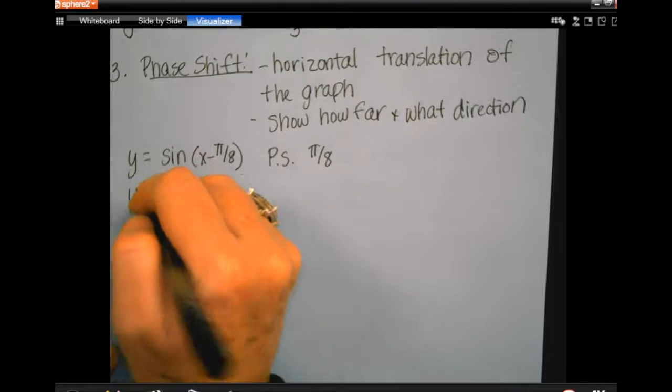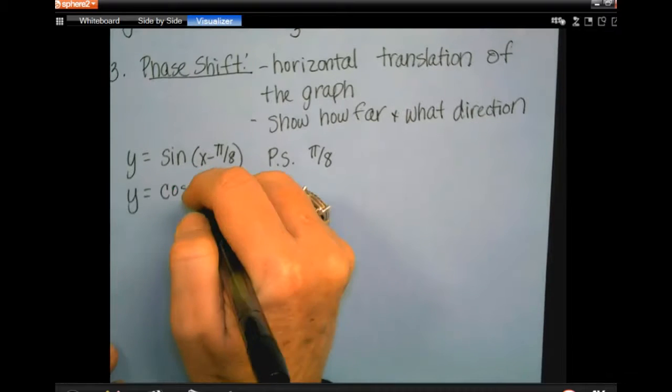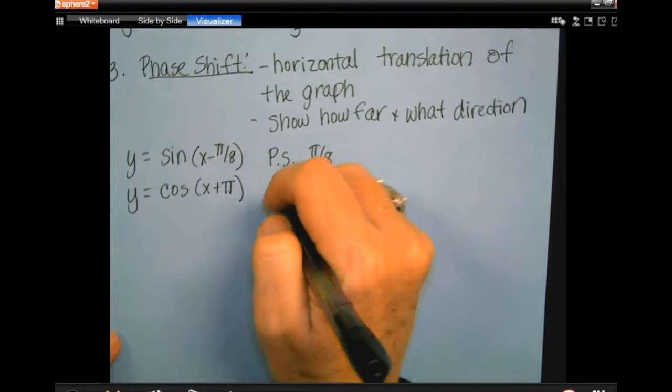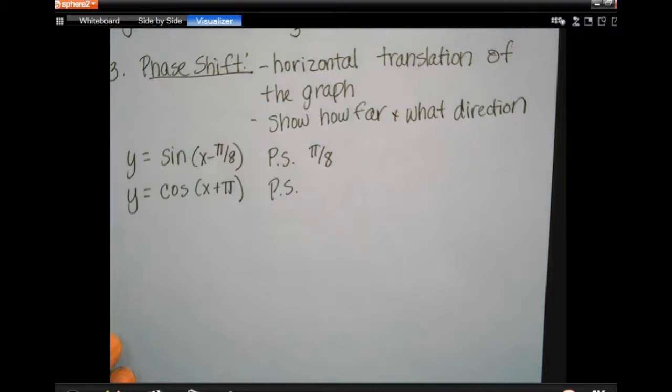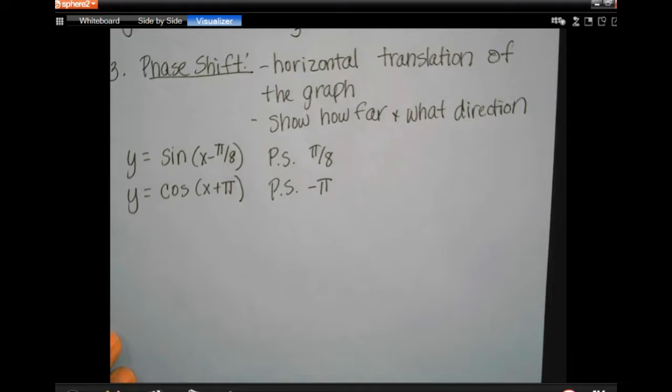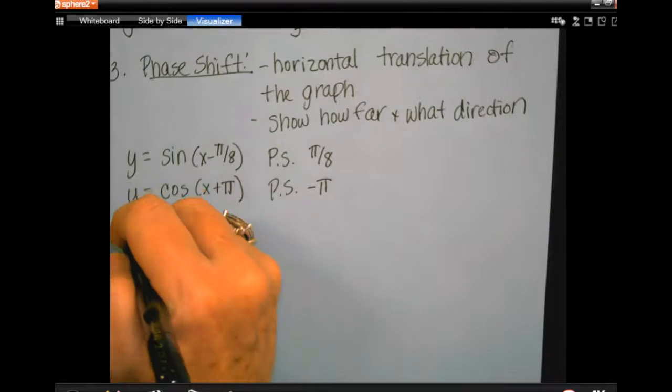So if I have y equals the cosine of x plus pi, the phase shift, which way am I moving this function? Minus pi. I'm going to do A for amplitude, P for period, and PS for phase shift. All right, so what about this one?